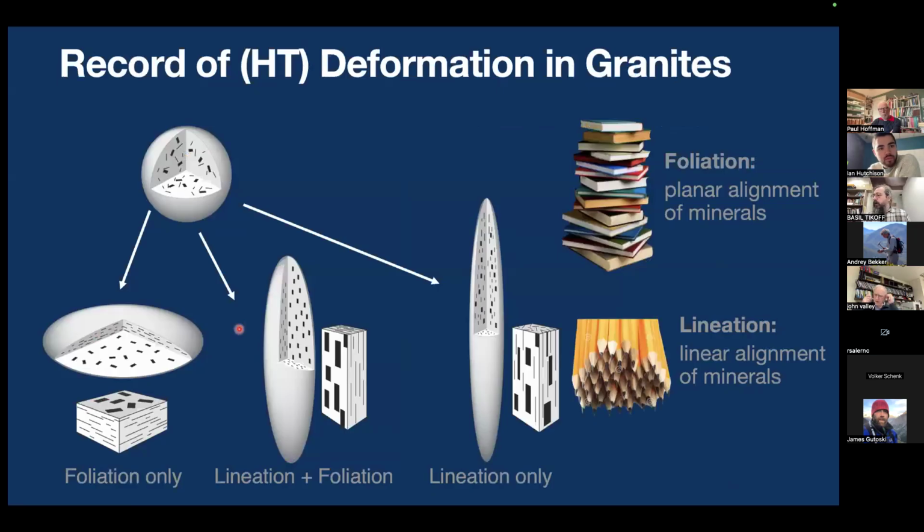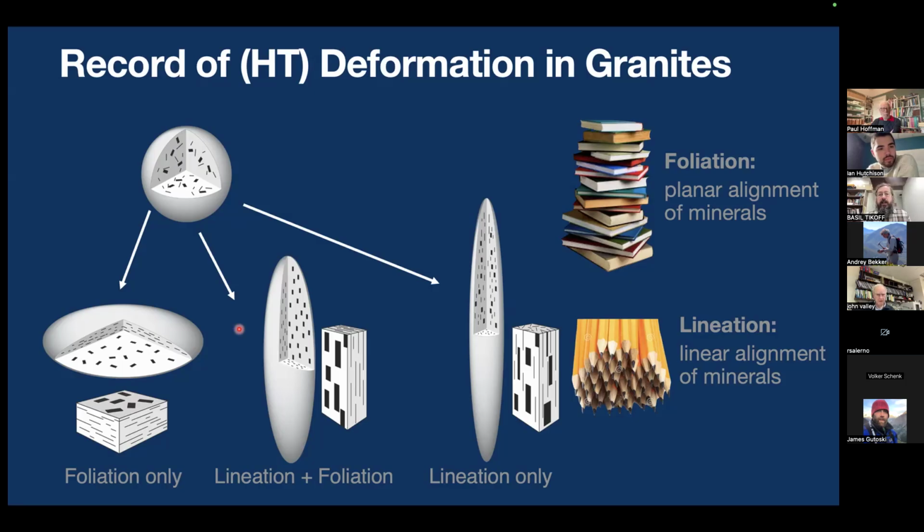All right, so this is going to be a structural talk, so I'm going to go through a few definitions so I don't lose people. We look at deformation fabrics in these rocks, and there are no markers, so we have to use the mineral alignments themselves.